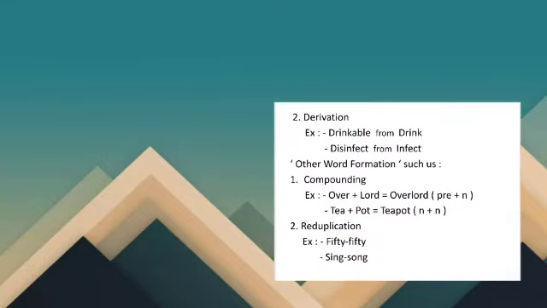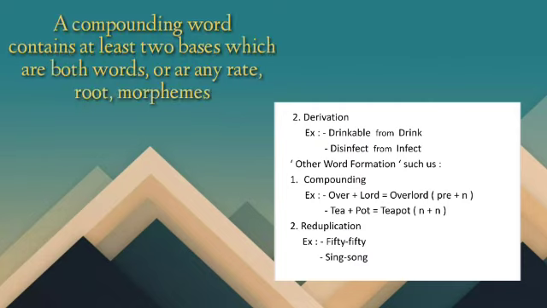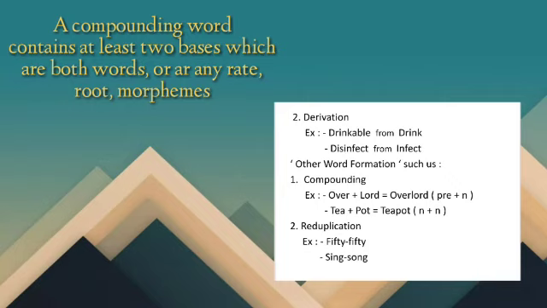Second, other word formation, such as, first, compounding. A compound word contains at least two bases which are both words, or at any rate, root morphemes. Examples: over plus lord, to be overlord, it's preposition plus noun.